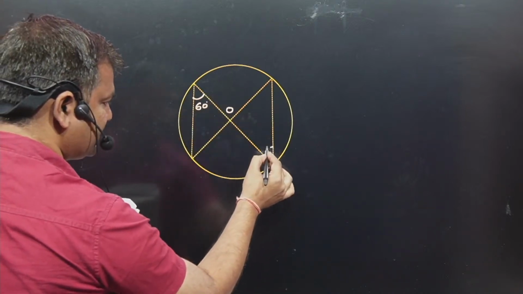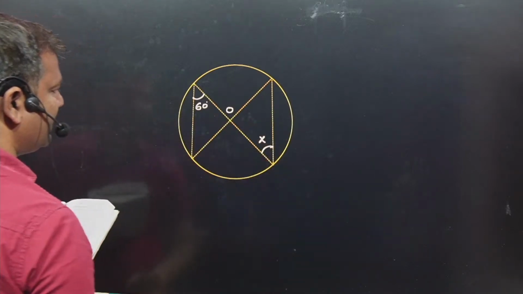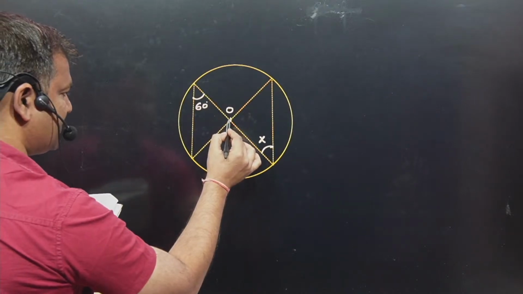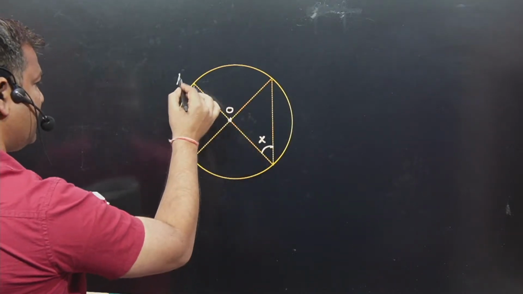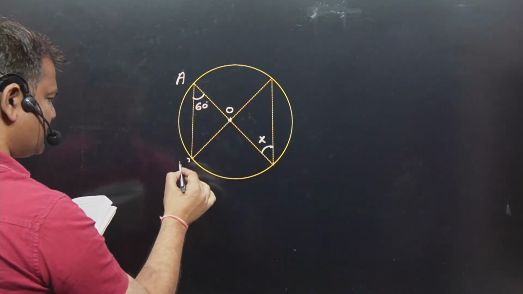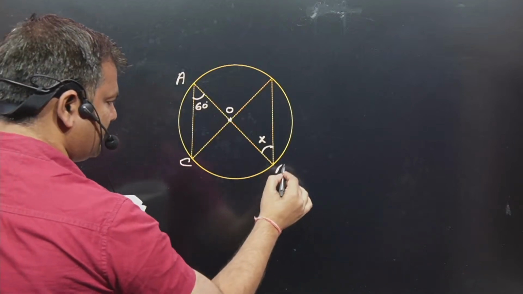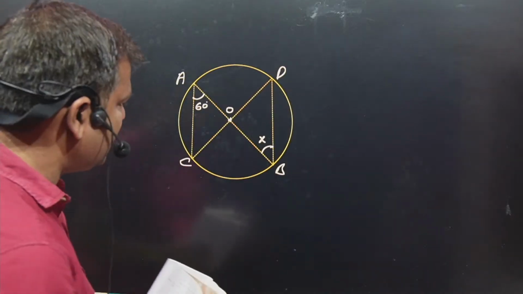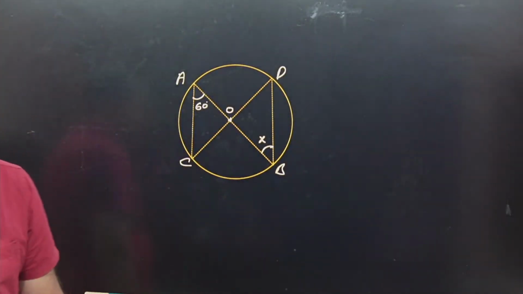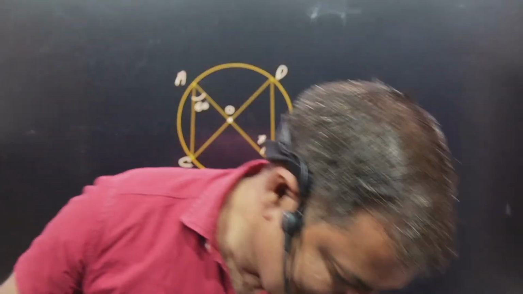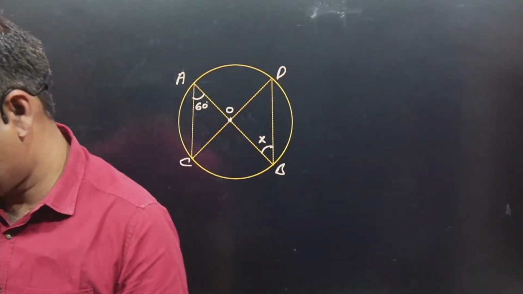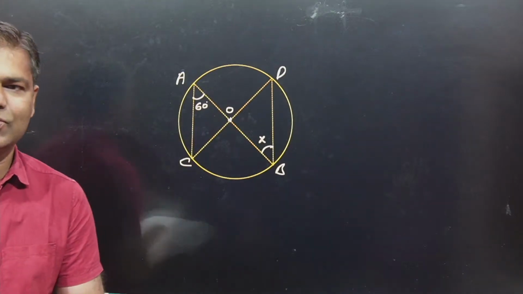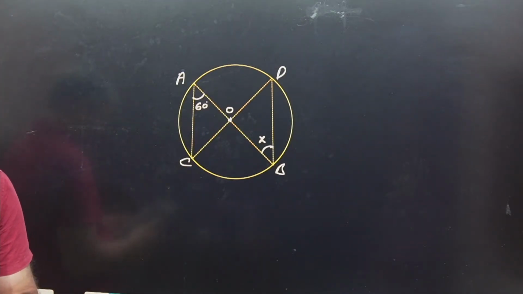Then what about x? Basically our target, how can we determine x if O is the center of the circle? And here A, here C, here B, and here D point. So how can we determine x? You can try. First of all, you can try, then after that I will do.